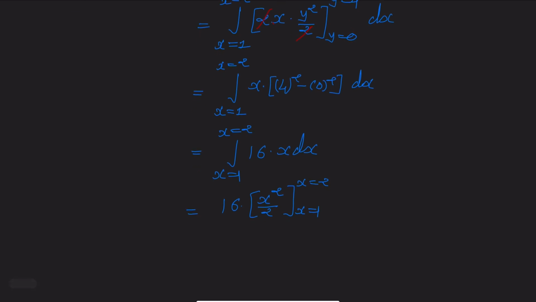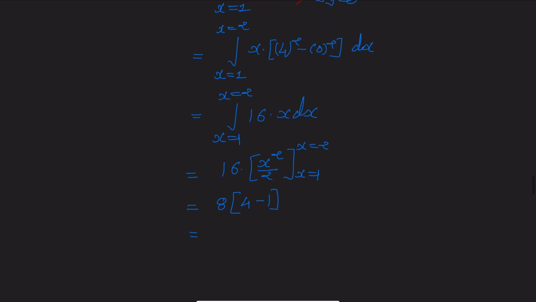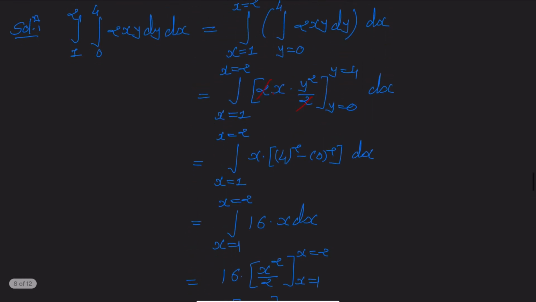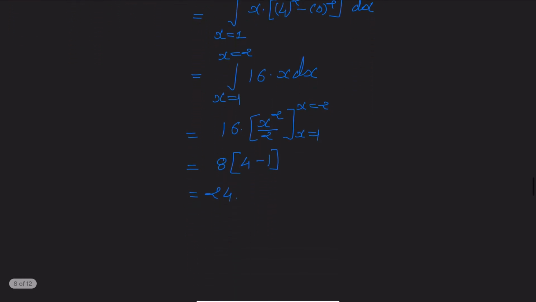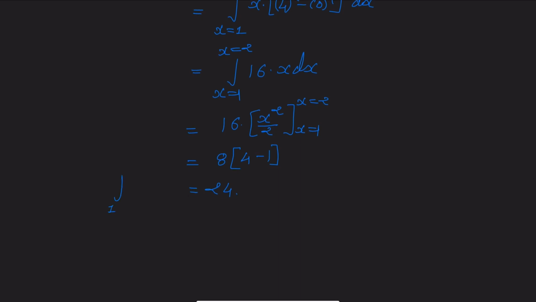So this is equal to 16 divided by 2 is 8, times 2 square, that is 4, minus 1 square, which is 1, and therefore the answer is 24. What is the left hand side? The integration over 1 to 2, integration over 0 to 4, 2xy dy dx.